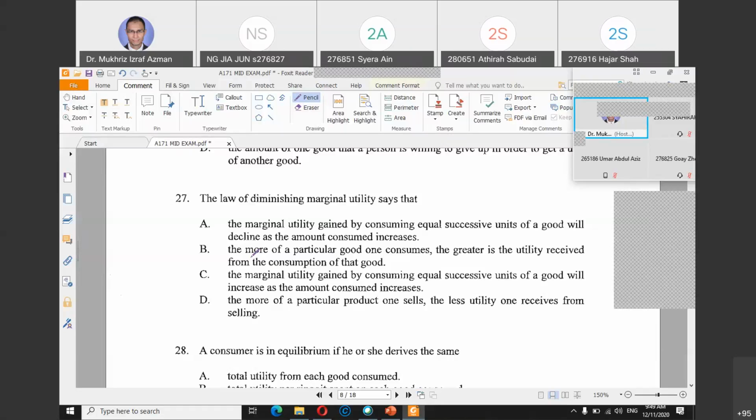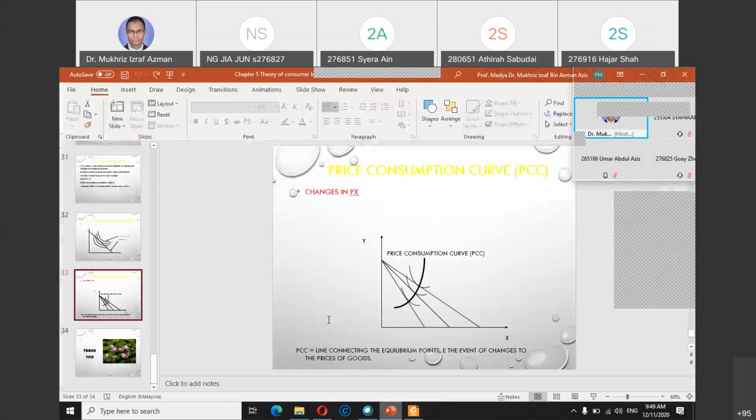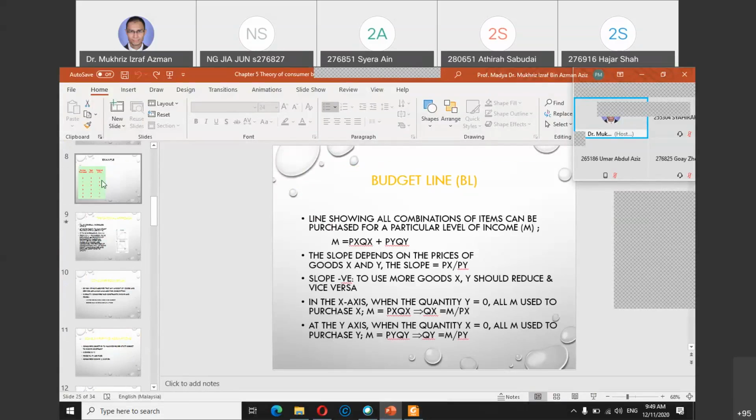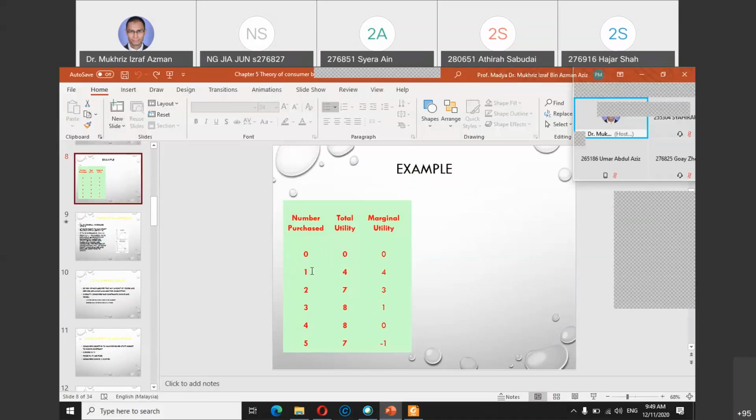The marginal utility gained by consuming equal successive units of a good will decline. The word diminishing means decreasing. So when you consume more of one good, your MU, or marginal utility, will start to decrease. When you look at this table, as you increase more and more, your MU will start to decline.